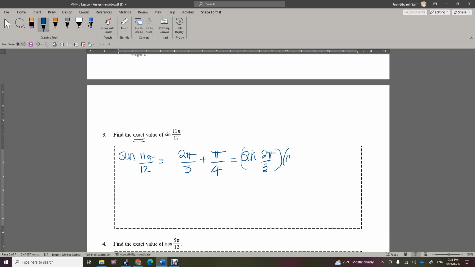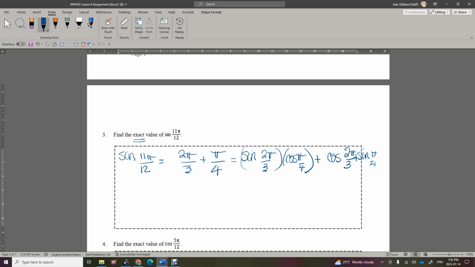times the cos of pi over 4 plus the cos of 2 pi over 3, and I'm running out of room, sine of pi over 4.